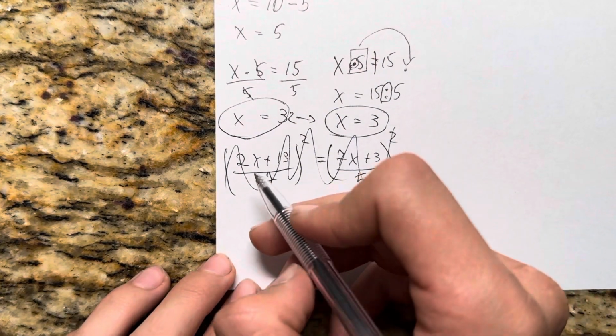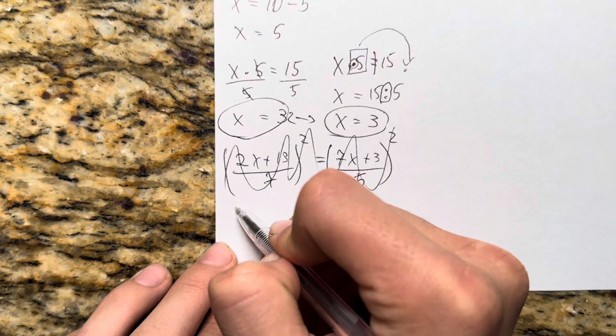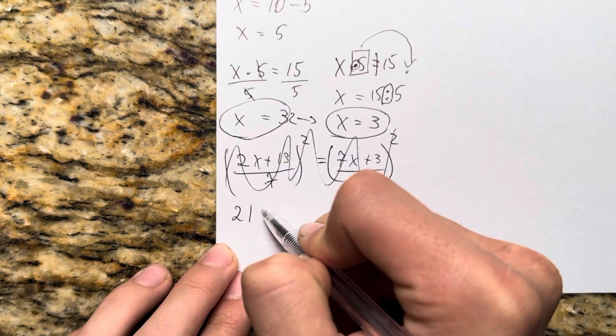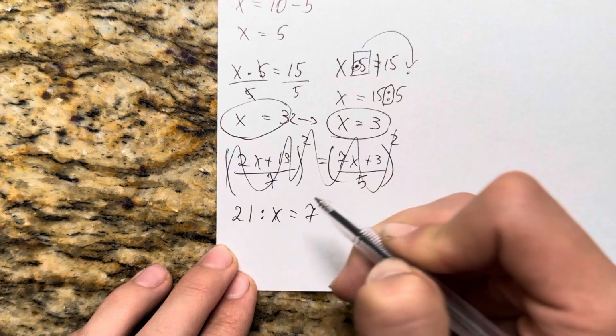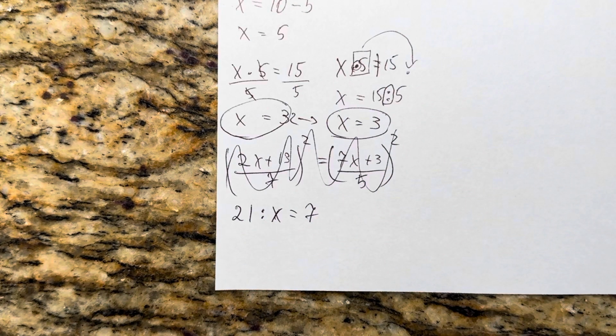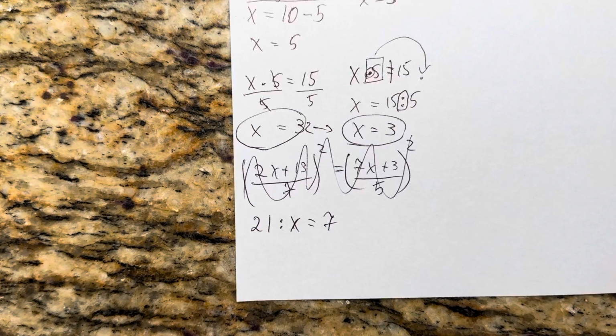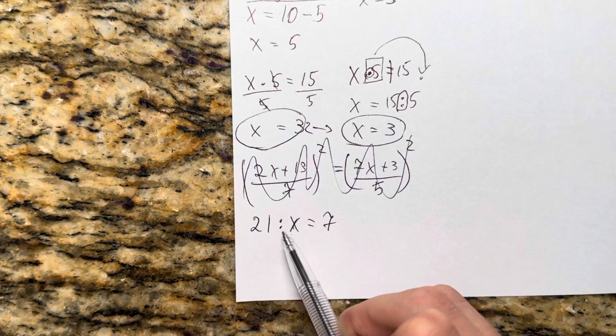Alright, last example. 21 divided by x equals 7. Remember, we are trying to leave the x by itself, all alone.